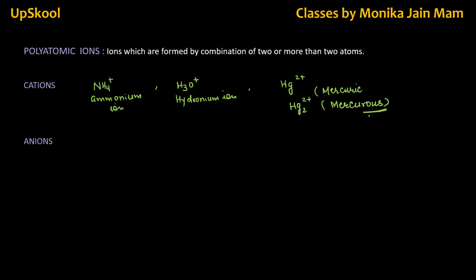OUS stands for lower oxidation state, lower charge, and IC is for higher oxidation state. If you don't know the oxidation state, please comment. I'll make another video on the oxidation state.